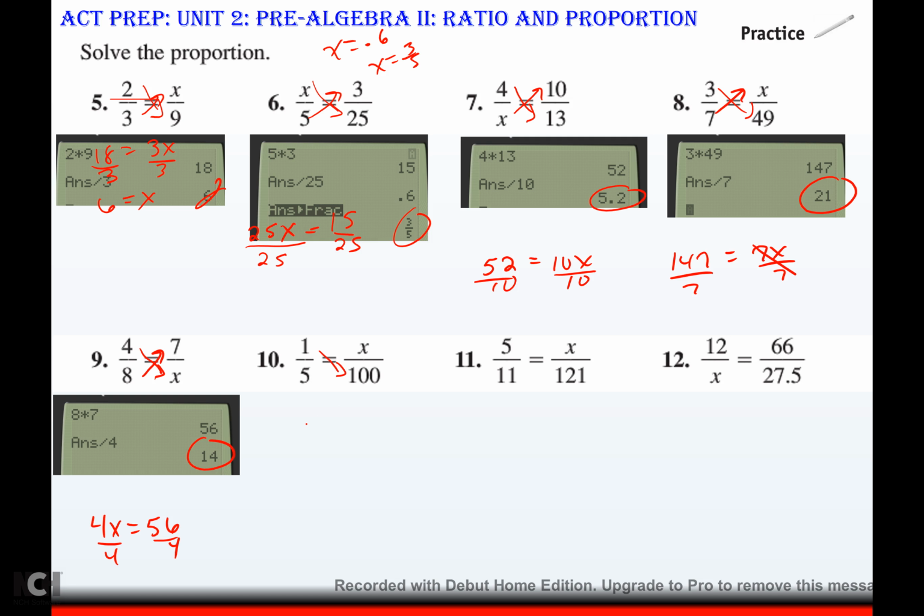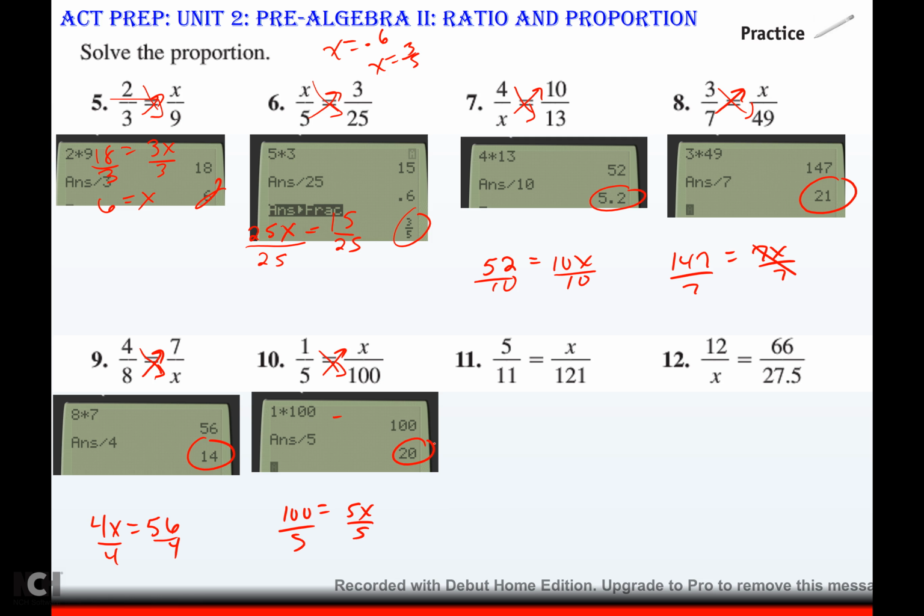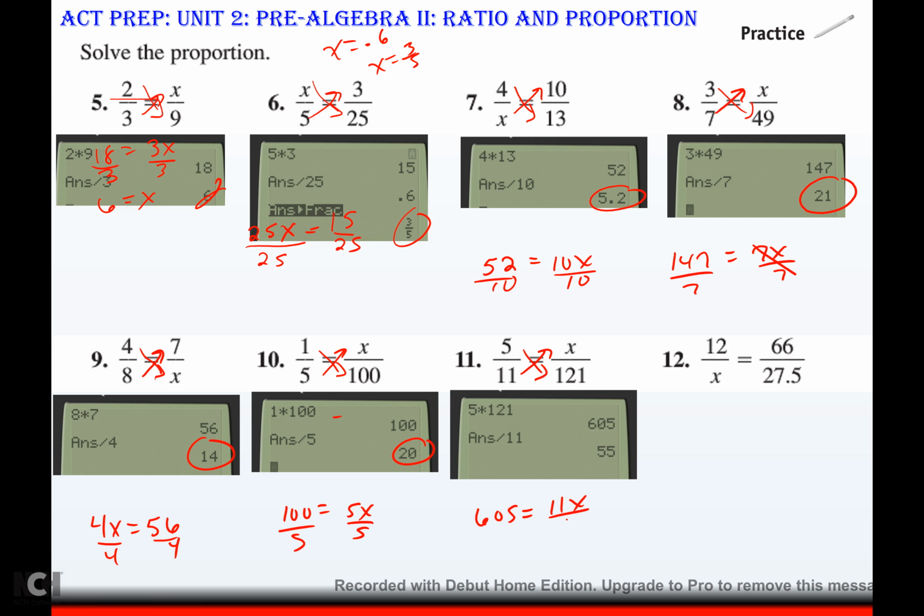Cross multiply, 1 times 100 is 100, equals 5 times x is 5x. Divide by 5, and did I write it up there? Sorry. 1 times 100 is 100, equals 5x. Divide by 5, and x equals 20. Again, 5 times 121 is going to be 605, equals 11 times x is 11x.